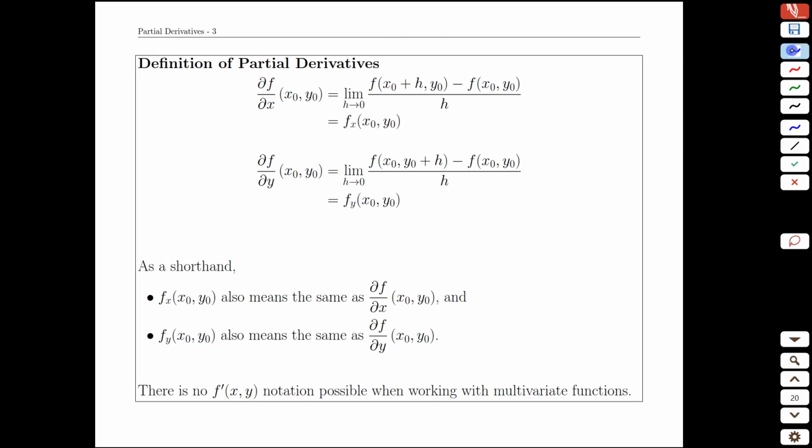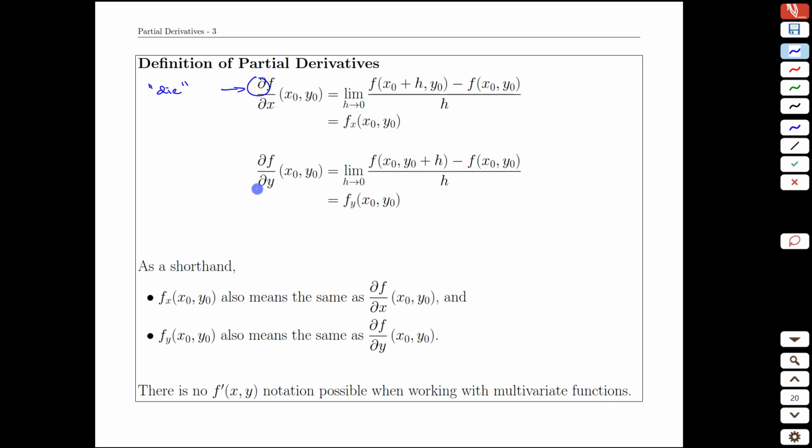The notation for partial derivatives is similar to regular derivatives, with a minor tweak to the symbols that we use. Where we use d's in the regular single variable derivatives, we use this curvy d, or what's called the die operator. And it sounds very malevolent, but it's not. This would be phrased as die f, die x.